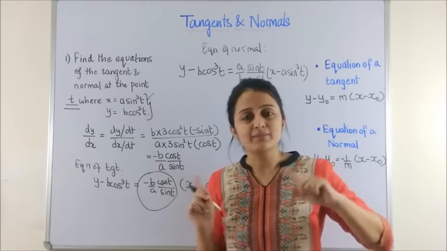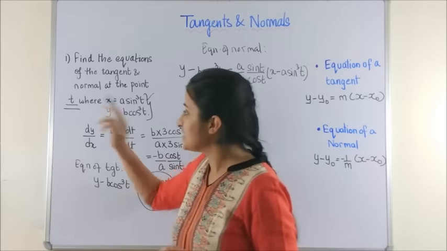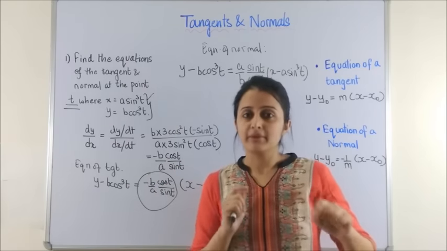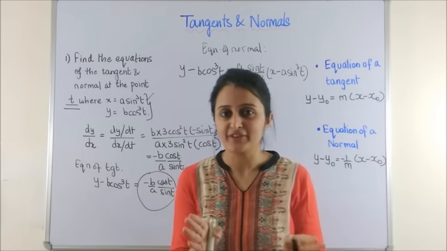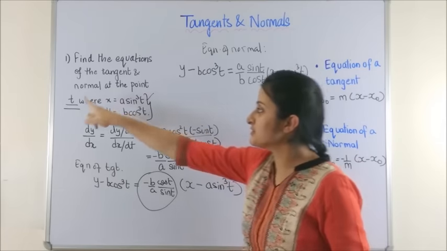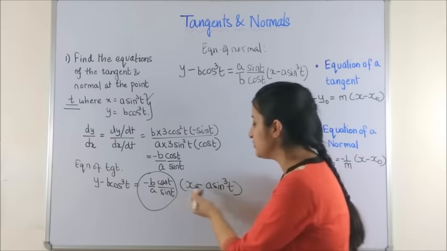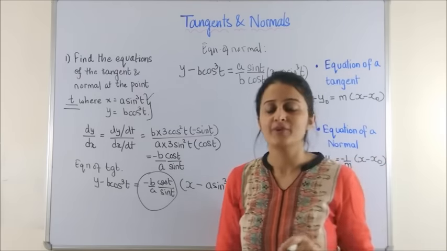And once again, you can simplify this to give your final answer. Please note here, t has been a very general point. In place of that, you can get any specific value. For example, if you had to find the equations at the point pi by 4, then wherever you find t, you are going to replace it with pi by 4.